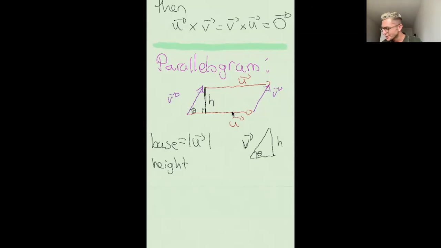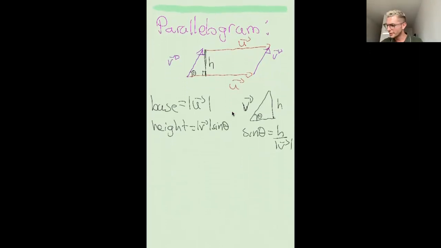So the sine of theta equals H over the size of V, right? Is that making sense? Because V is like the hypotenuse. So that means that H equals V times the sine of theta, right? Is that okay?